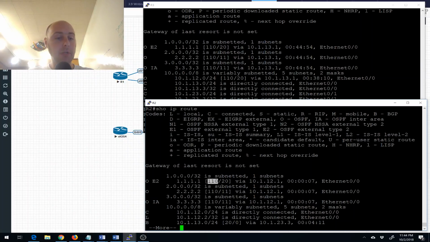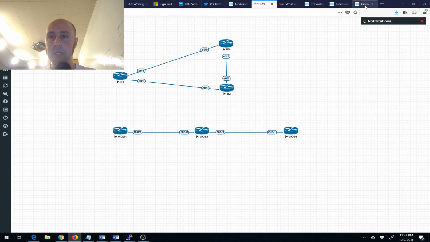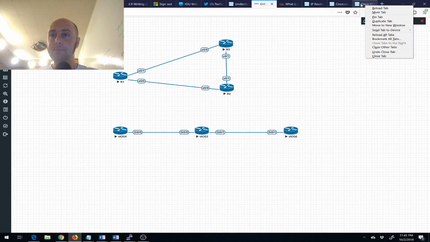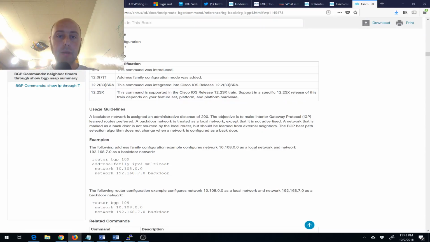This was a great little lab, just one little thing, the BGP backdoor network statement. I wasn't sure exactly how it operated. I think I understand it pretty well, and I'm very glad I found that little bit in the documentation to say that it is not advertised. That was very helpful for me to understand.